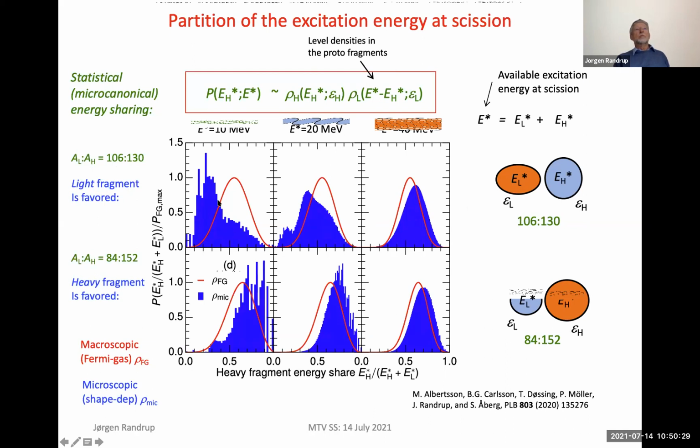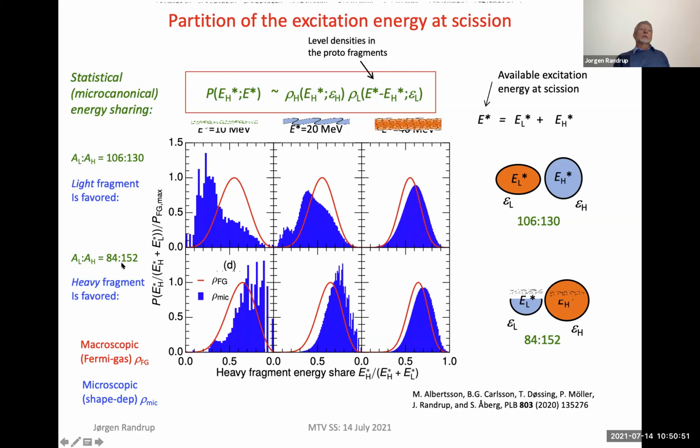And you can see here with the blue that the light fragment gets most of the energy, even though it's the lightest. It's the contrary. And this is because you see here that the light one is deformed. It has a high level density. The heavy one is nearly spherical. It has very low level density. So most of the excitation goes in this one.